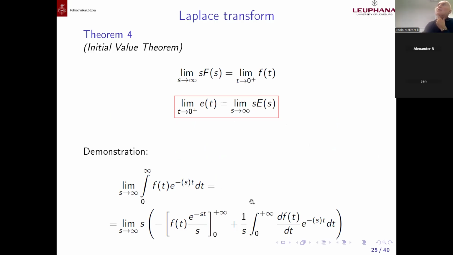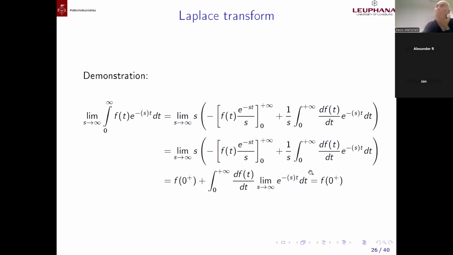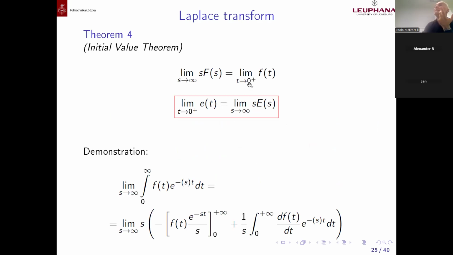Then using this rule, if you remember the rule which is before, we can see that this limit, but please put here s. I will improve the slide. Put here s, of course. s limit of f of t, but for t toward 0.